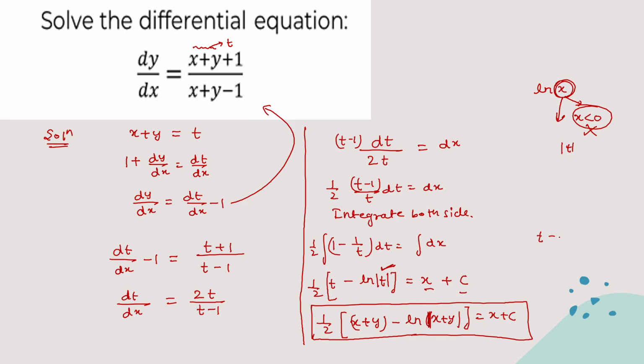So first you will find out the t value. Let's say if two values of t are coming, then you will again put these values and check whether they are violating the condition of the ln x function, the domain of that function. If the negative is violating the condition, don't use that, only the positive will be the answer. But in general we have to take the mod every time.